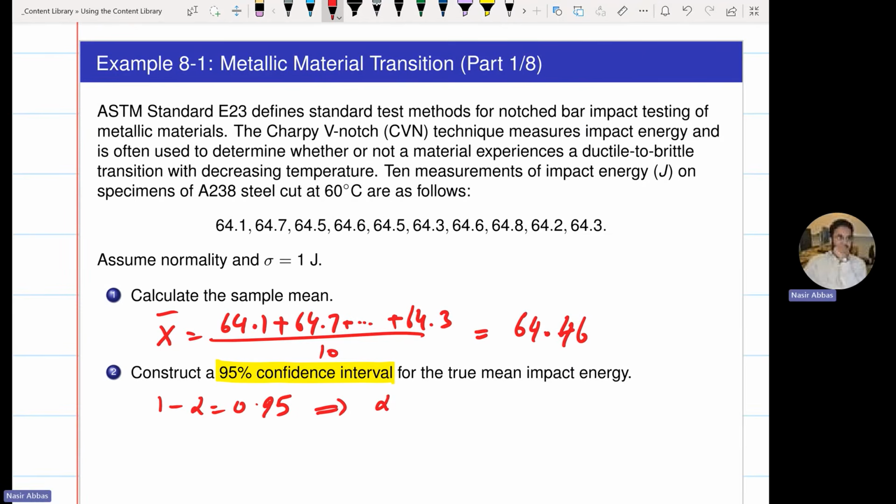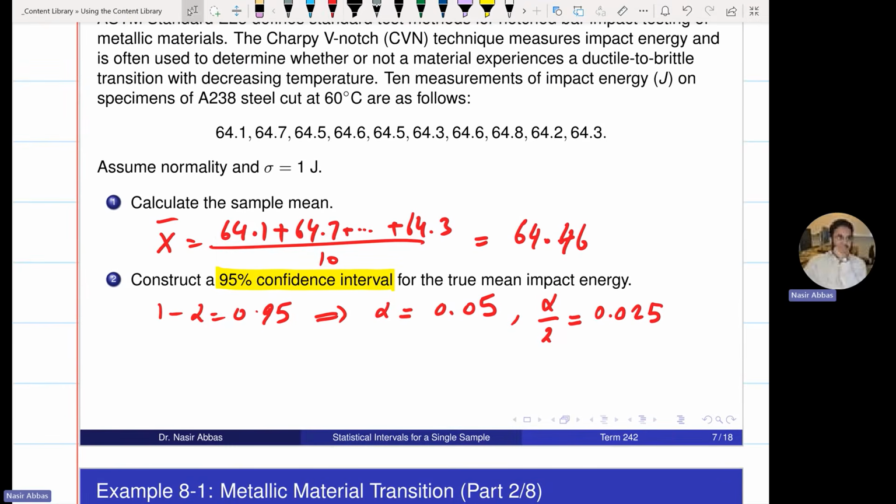This implies alpha is what? 0.05. Divide alpha by 2. What is alpha by 2? 0.025. Then to go to the right side of the table, subtract this alpha by 2 from 1.